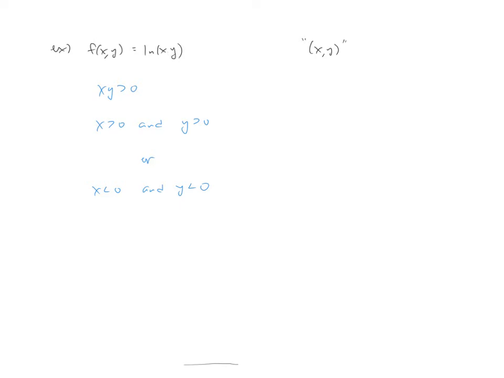So now, to graph this, we'll go ahead and put together the xy plane. And that makes sense, right? Because we have the x and y being our independent variables, so we're going to graph the domain in the xy plane. So now, where do these points exist? They're going to exist where x is bigger than 0 and y is bigger than 0, so that looks to be right here.